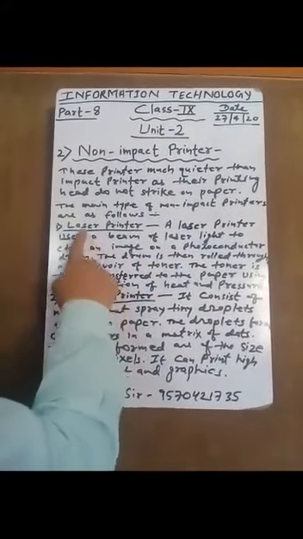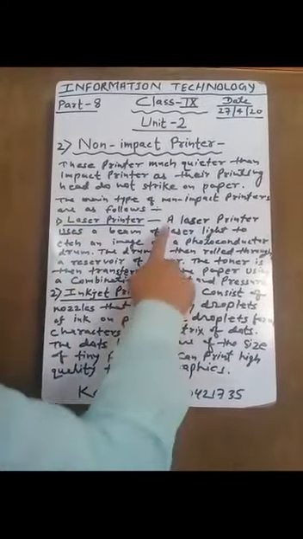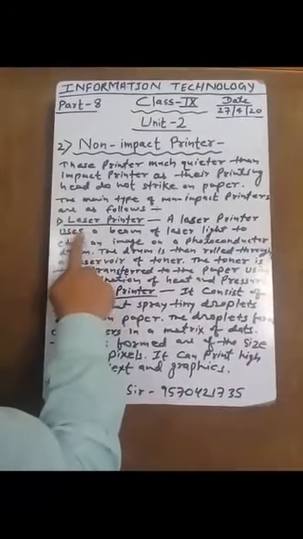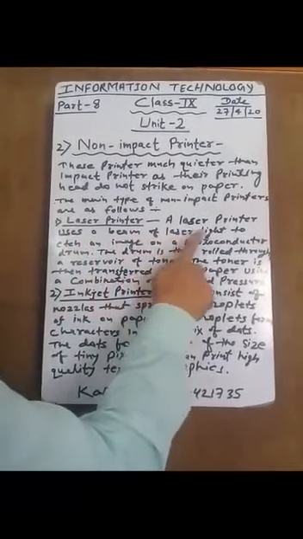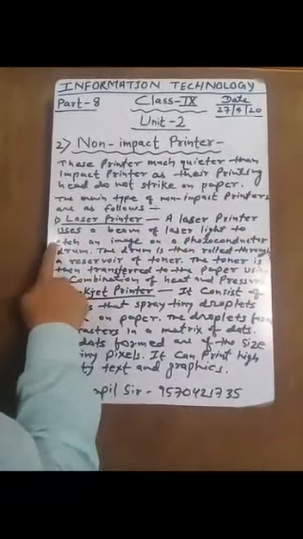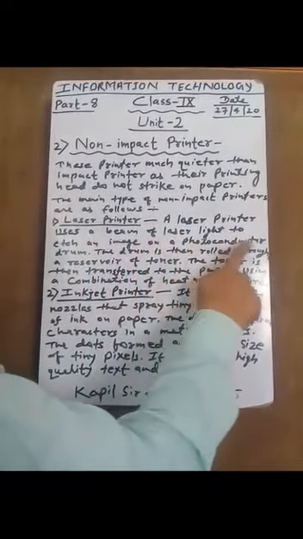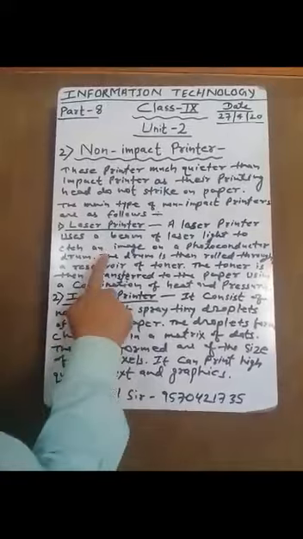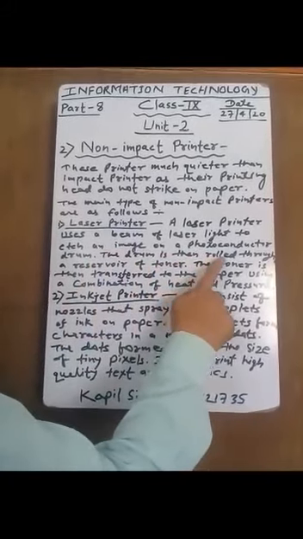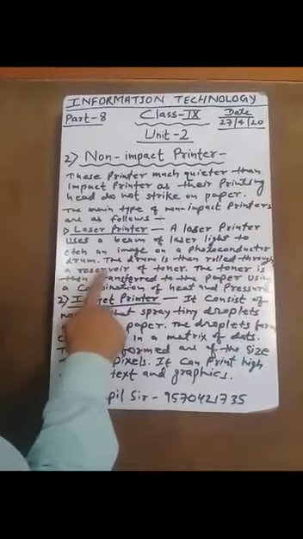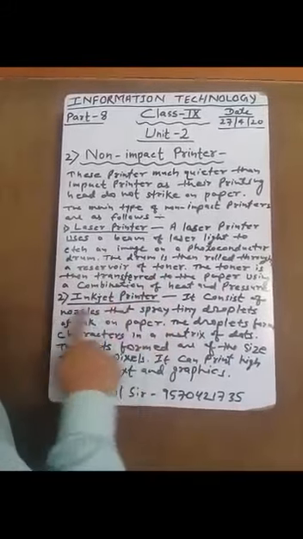First of all, laser printer. A laser printer uses a beam of laser light to etch an image on a photoconductor drum. The drum is then rolled through a reservoir of toner.